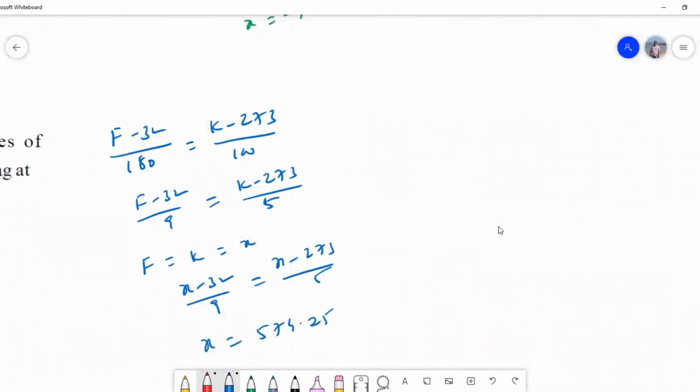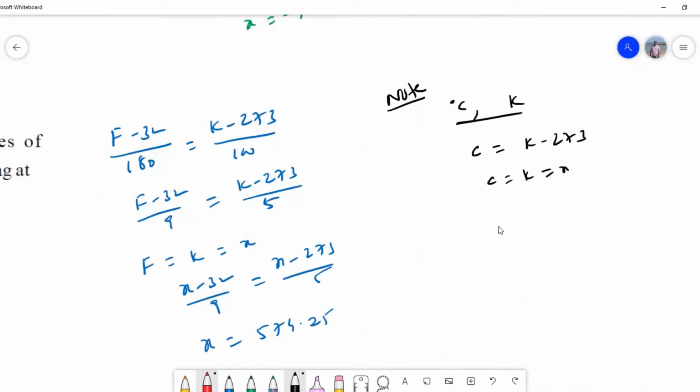Sometimes they ask you at what temperature Celsius scale and Kelvin scale show the same reading. Now what is the relation here? C is equal to K minus 273. If I keep C is equal to K is equal to X, we are not getting anything. So that means Celsius scale and Kelvin scale cannot show the same reading.